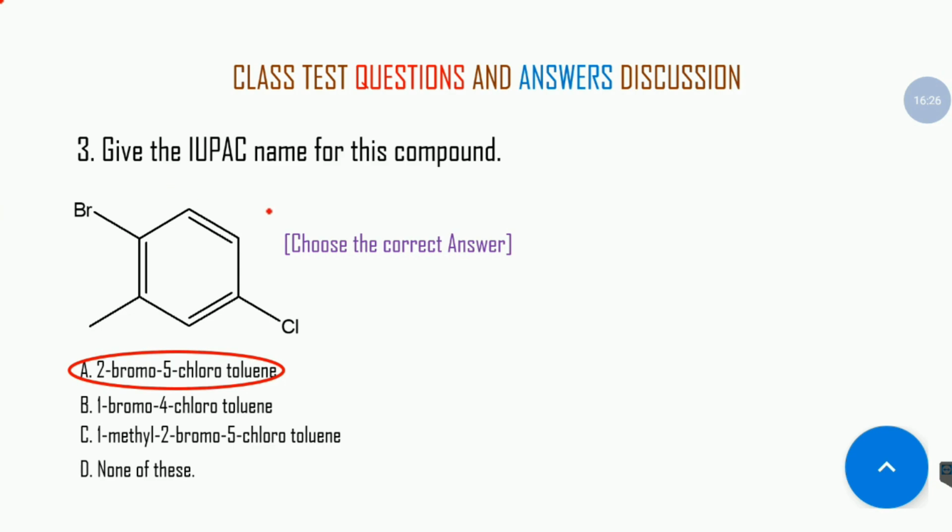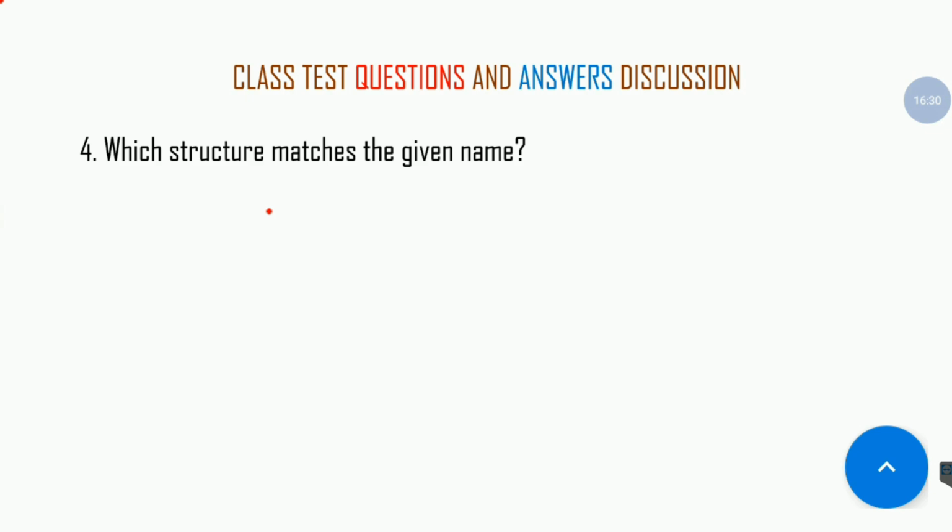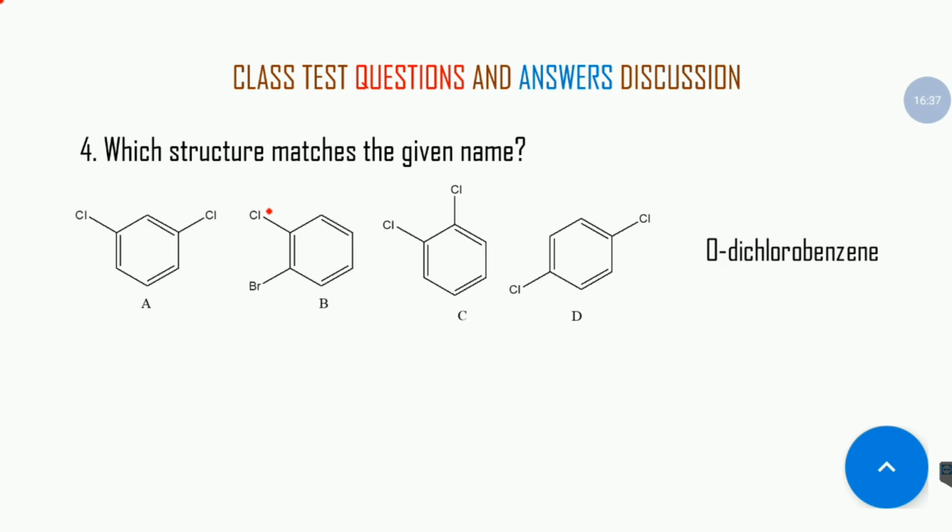Okay, next, question number 4. Which structure matches the given name? It's orthodichlorobenzene. So the options are here. You have to find the ortho position. Here is para, and here both are ortho, so it's not possible.